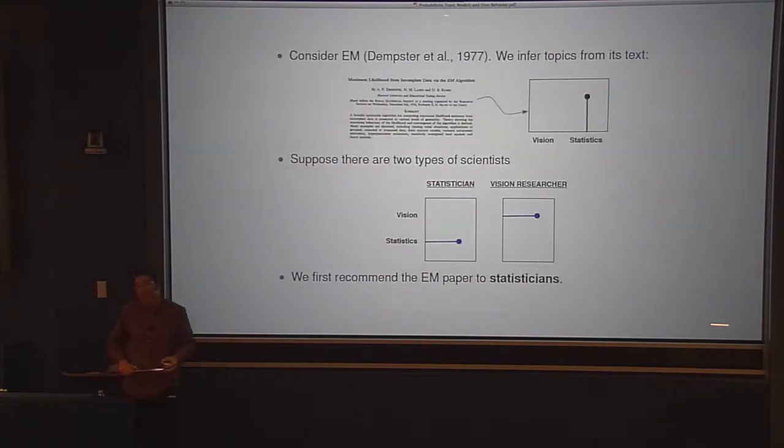Okay, here's the basic idea. Consider the EM paper. How many of you know about the EM paper? Okay, a fair number of you. How many of you have read it? Some of that subset. The EM paper is a classic paper in statistics from 1977, and it's about finding maximum likelihood estimates in models where there are hidden variables, kind of like the stuff we're talking about here.